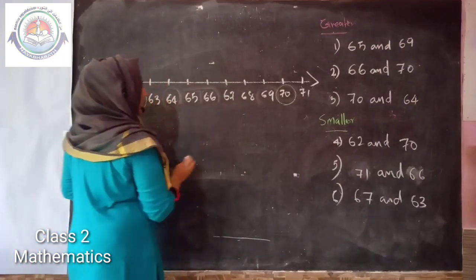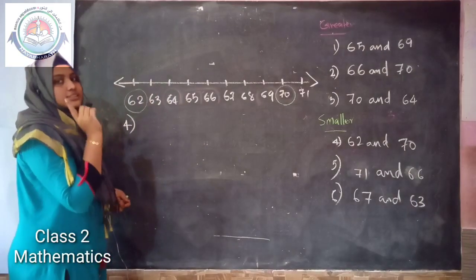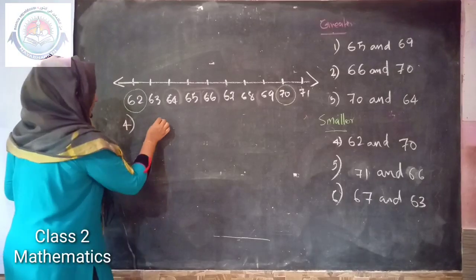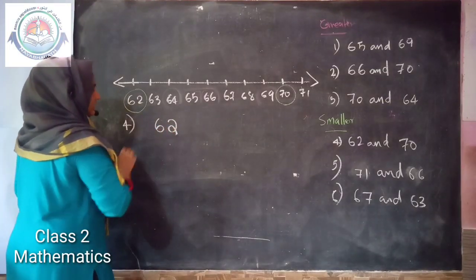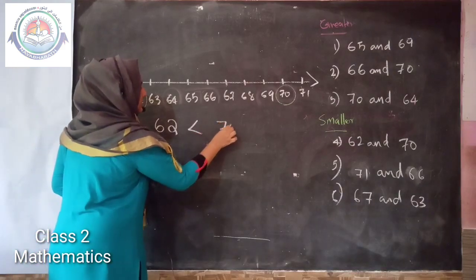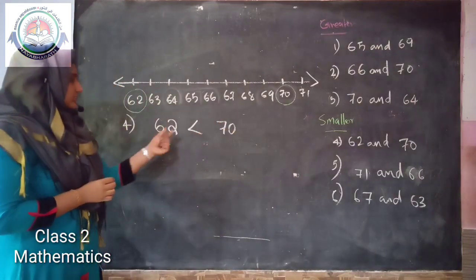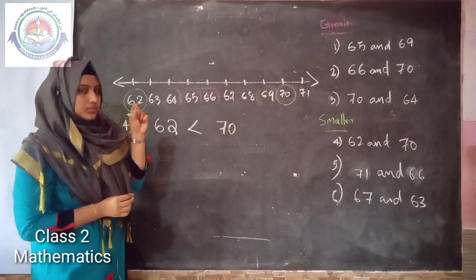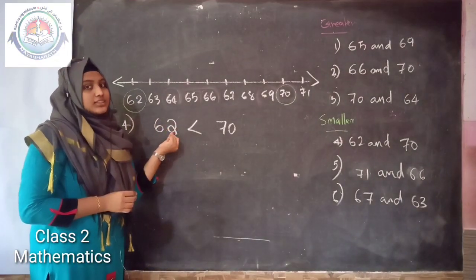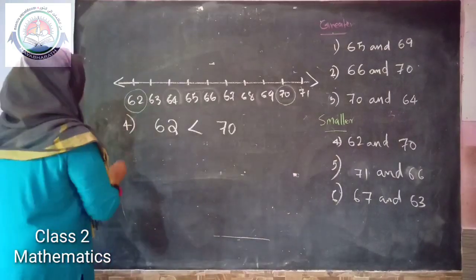So we can say 62 is smaller than 70. So we write 62 is smaller than 70. That is, the small mouth of the symbol is towards the smaller number.